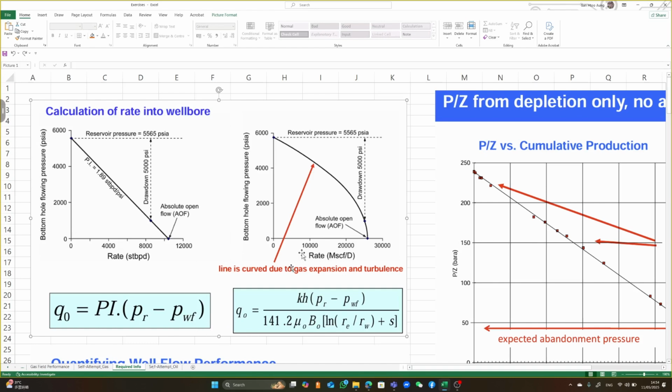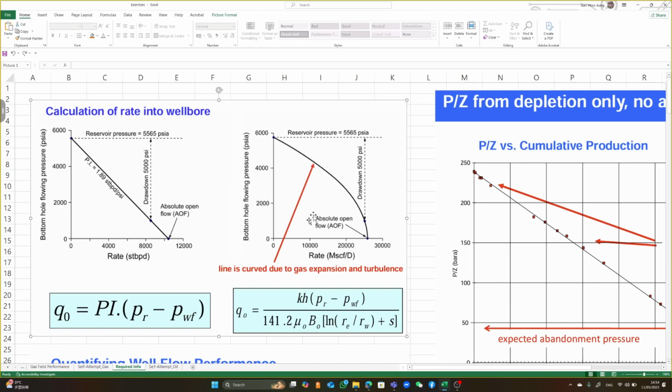Another one is slightly complicated. If you have a lot of data, such as the permeability, the viscosity, formation volume factor, and also wellbore radius, and reservoir radius, etc., and the skin as well, then you can more correctly and accurately predict how the bottom hole flowing pressure decreases with time of our production.